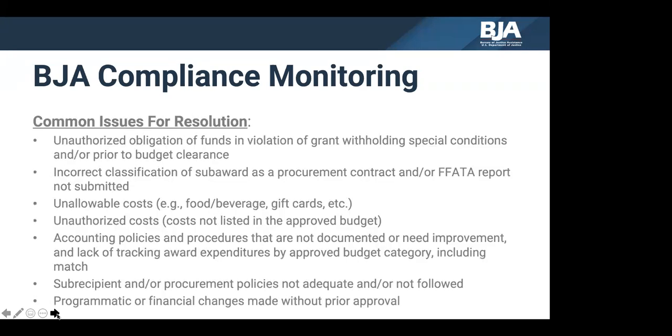Additionally, with BJA Compliance Monitoring, this slide lists common issues that we identify during monitoring and that require resolution. Occasionally, resolution will involve returning funds to OJP or, in rare cases, suspension and/or termination of the award. In most cases, they can be resolved with additional documentation and/or updates to your agency's policies.